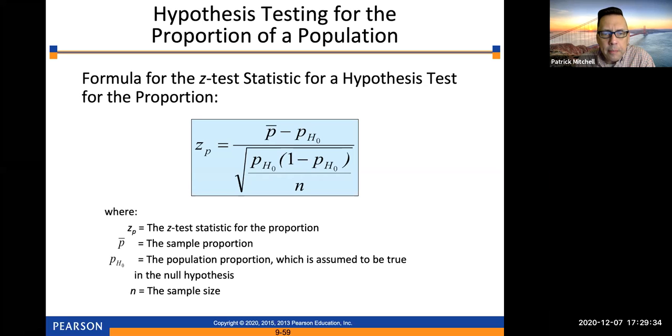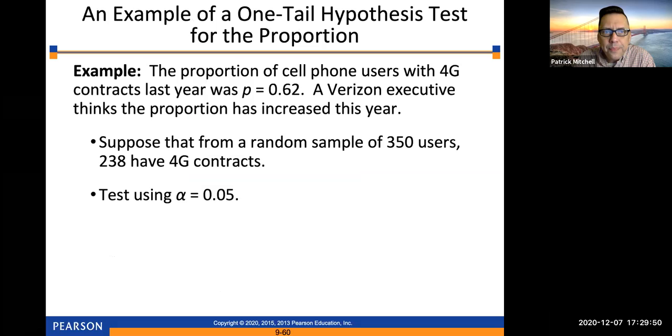So again, z sub p is the z-test statistic for the proportion, p bar is the sample proportion, and p sub h0 is the population proportion, assuming that the null hypothesis is true. And again, n is the sample size.